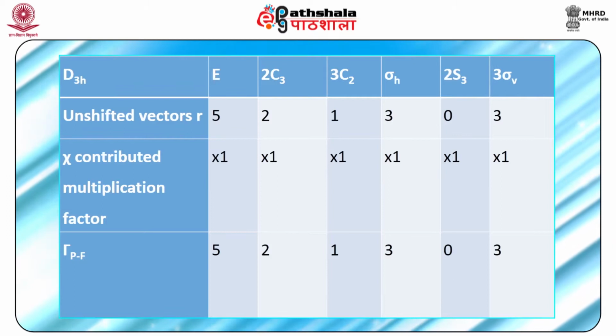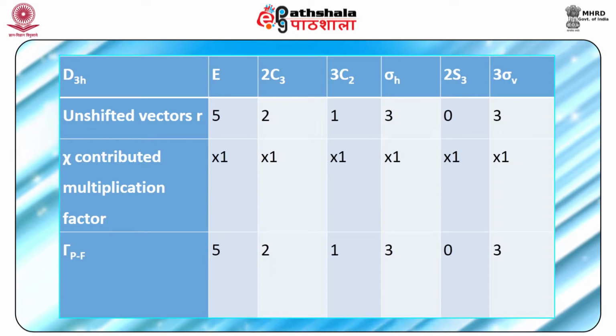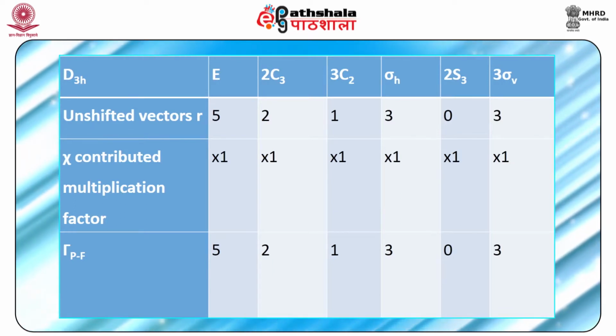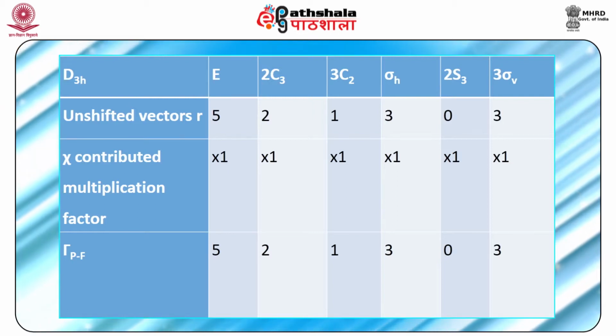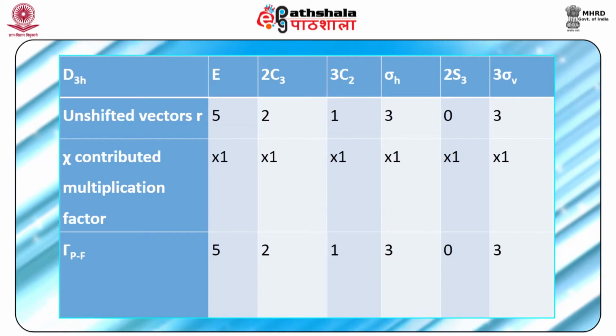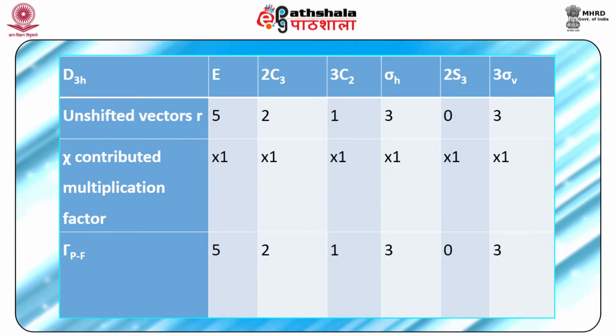Now, the results of how many bond vectors are not shifted are summarized in this table over here. That is, the unshifted vectors in the second row are 5, 2, 1, 3, 0, 3 under the various symmetry operations of the D3h point group.